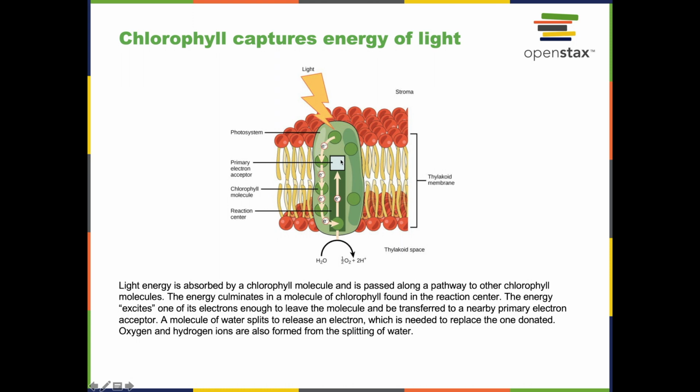It gets enough energy to be able to leave. You can think of it as a rocket that has enough energy to leave the Earth. And then it's captured by a portion of the photosystem that is called the primary electron acceptor.